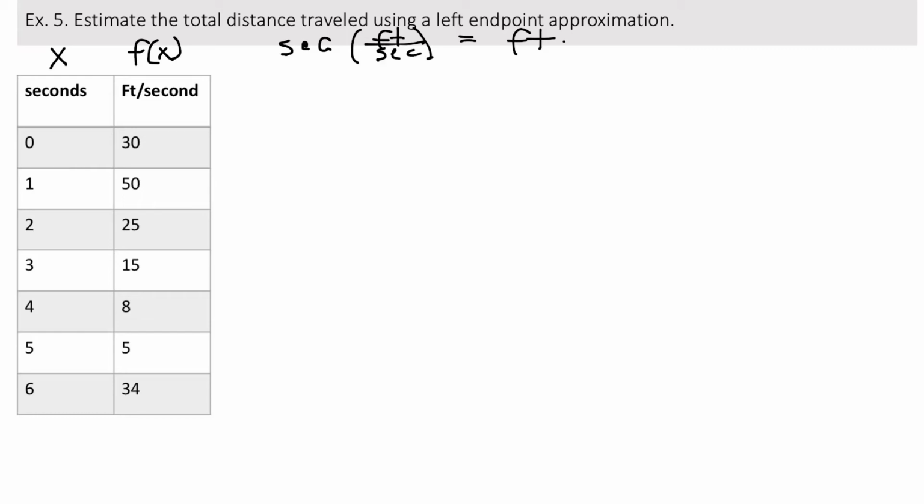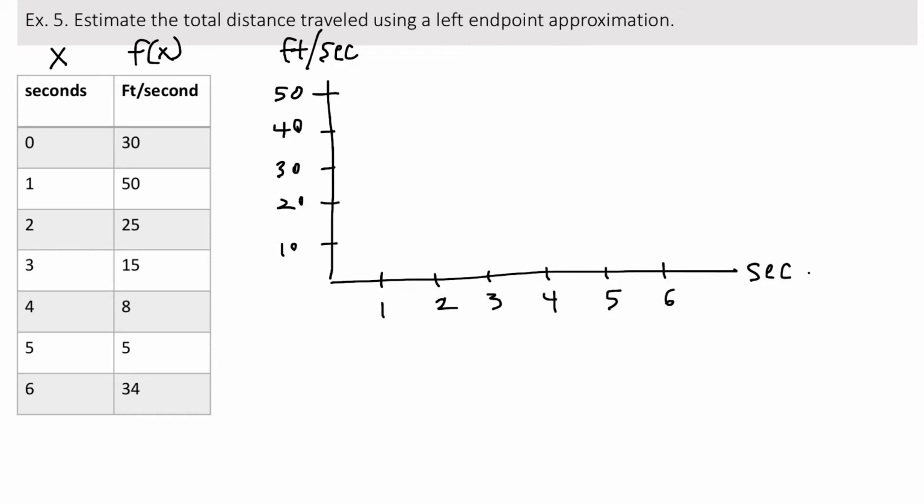Let's draw a graph real quick so we can see what this looks like. Here's my scale, seconds, 0 to 6, and feet per second, a different scale, 0 to 50. Now I can put my dots on there, and then I can make a smooth curve.